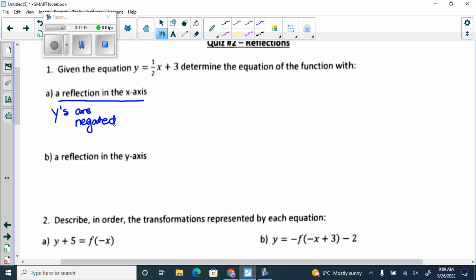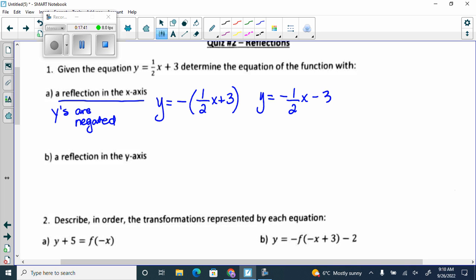Y equals negative. Now, remember when you do the negative, it has to apply to all the y's, correct? So we're going to get y equals negative 1/2 x minus 3.